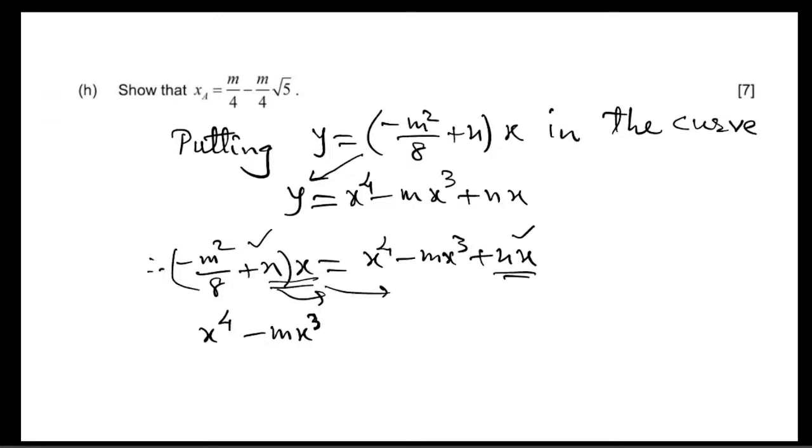Going across it will be minus, and this minus will be plus, so plus m squared by 8 x is equal to 0. Now x to the power 4 minus mx cubed plus m squared by 8 x. Where is that m?